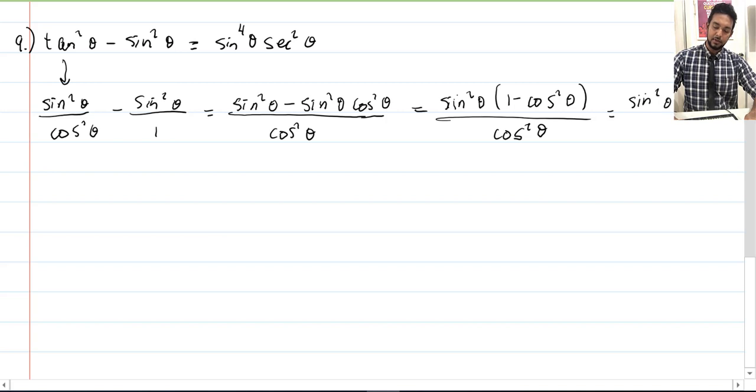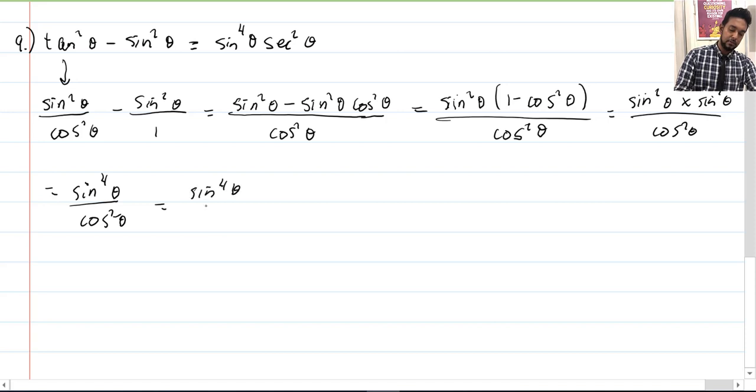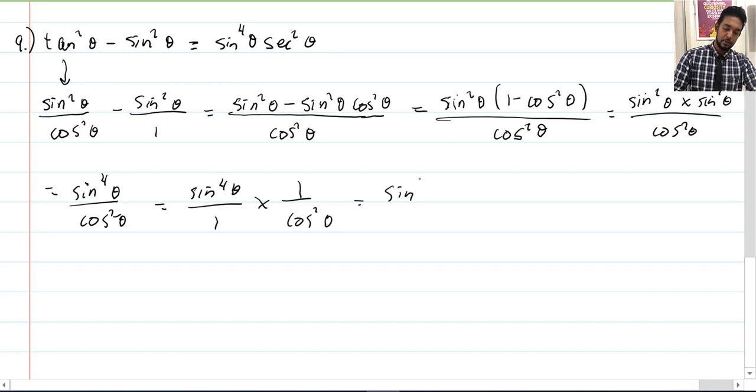So we have sine squared theta multiplied by sine squared theta all over cos squared theta. And sine squared by sine squared will give us what? Sine to the 4th power over cos squared. And that's exactly what we wanted, isn't it? Sine to the 4th theta over 1 multiplied by 1 over cos squared theta. And that's sine to the 4th theta by sec squared.